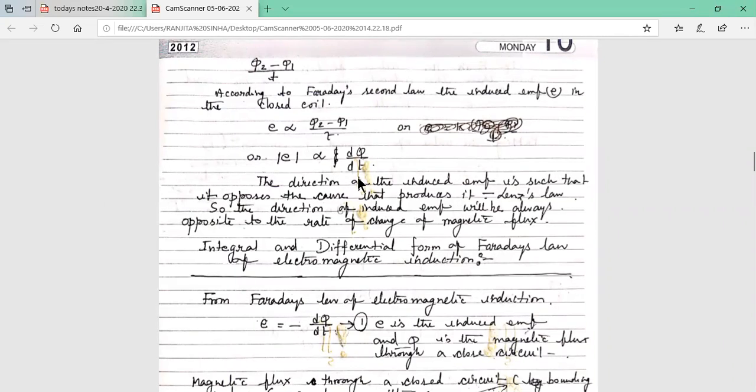The mod value is proportional to d phi by dt, but actually it is opposite in direction. The direction of the induced EMF is such that it opposes the cause that produces it. That is Lenz's law.